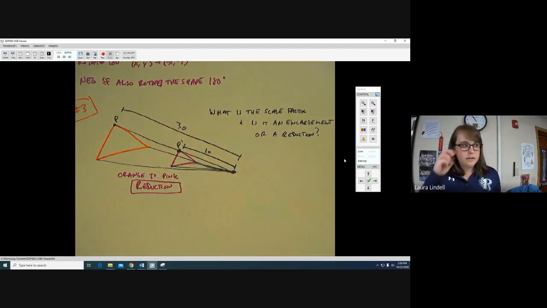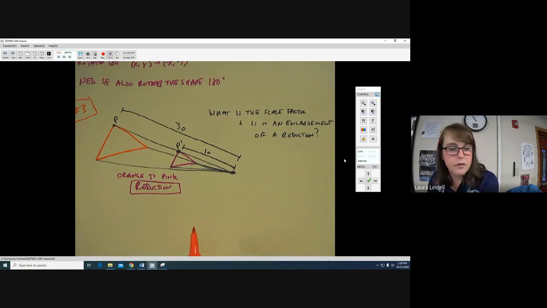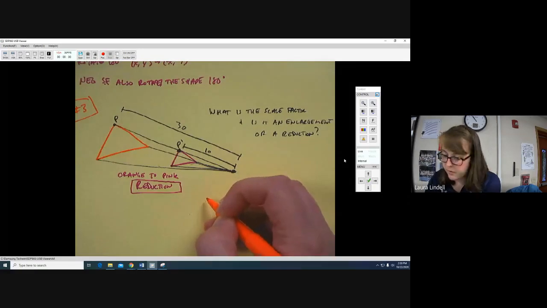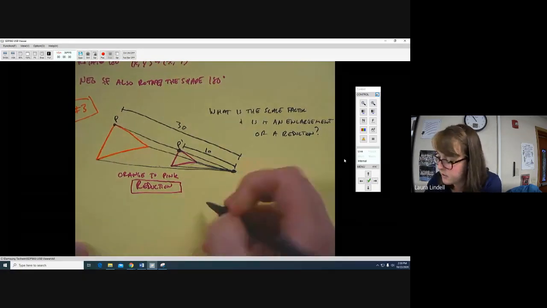And then we want to know what the scale factor is. So to figure out what the scale factor is, let's write this down.